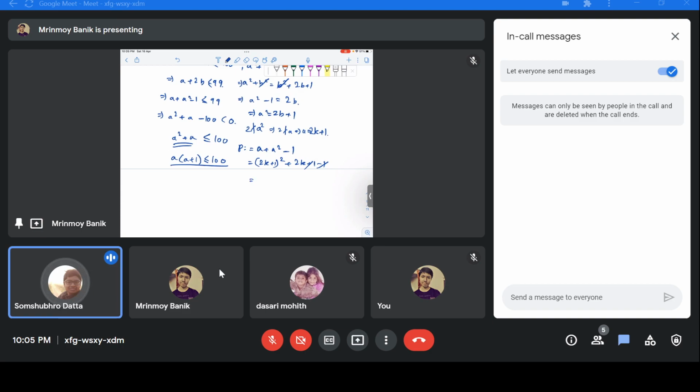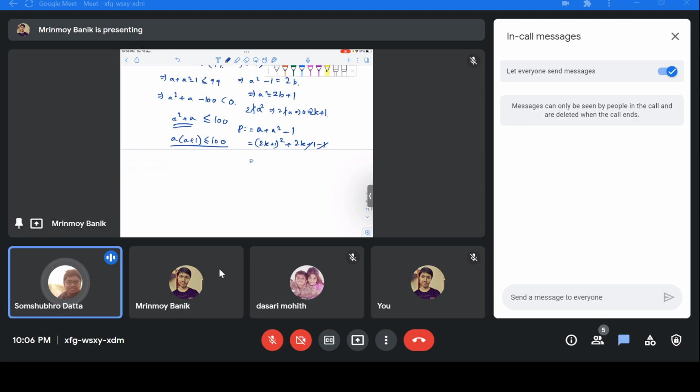By the roots of the quadratic, can we say that for the roots a is between 1 minus root over 401 by 2 and 1 plus root over 401 by 2. That means a should be between minus 10 and 10, right? In that case, a should be less than 10.